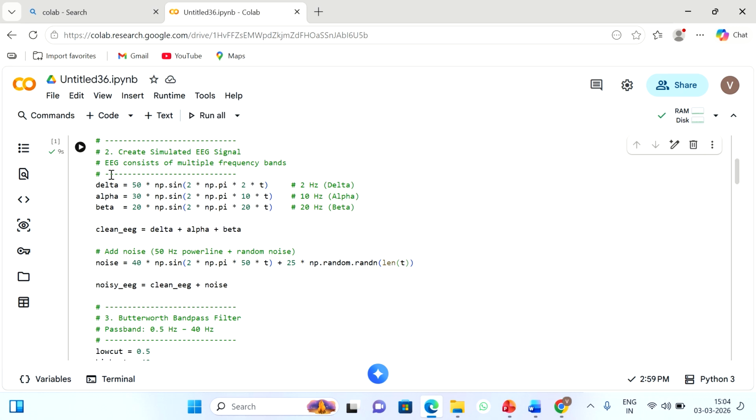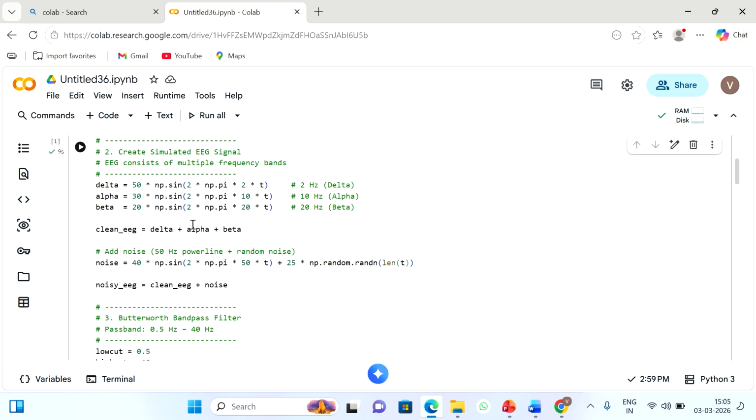What is the theoretical meaning of this? This generates a delta waveform of 2 hertz with an amplitude of 50 microvolt, obtained in the deep sleep brain state. Alpha is 10 hertz and 30 microvolt, and it occurs in the relaxed brain state.